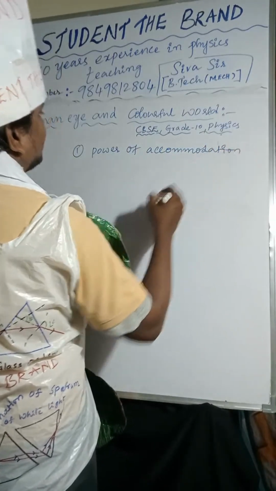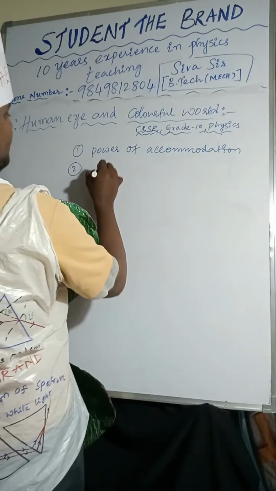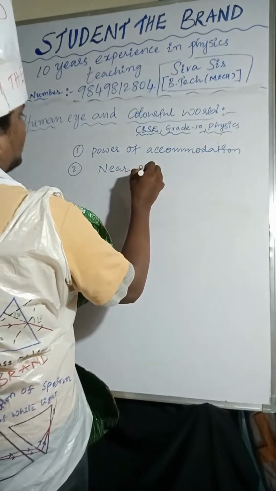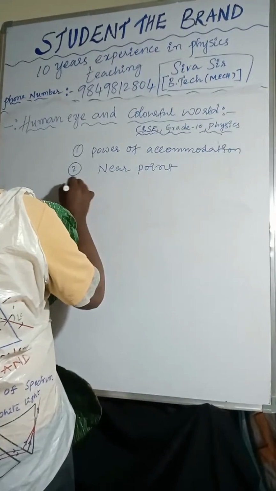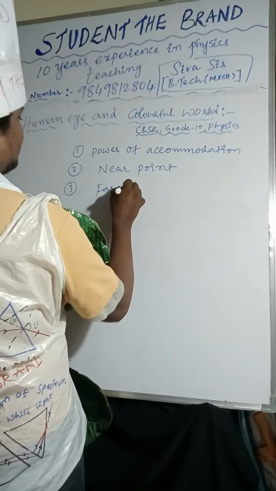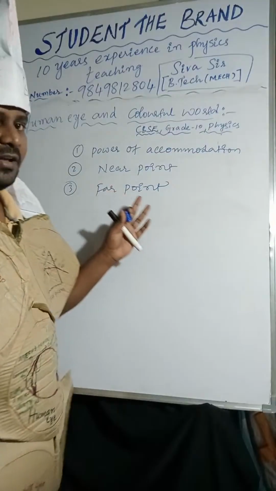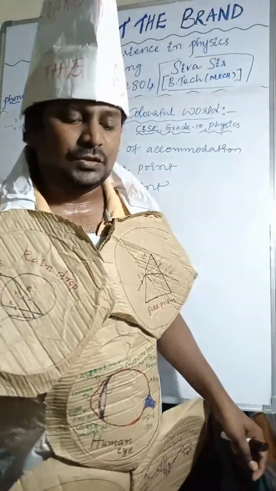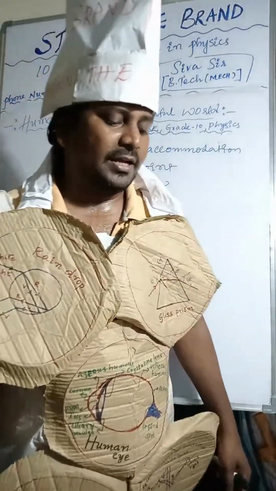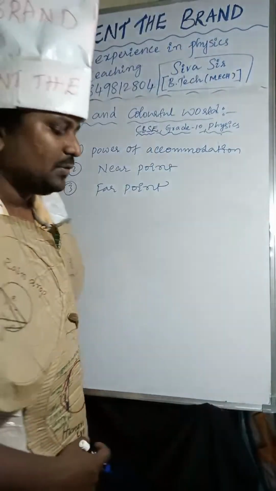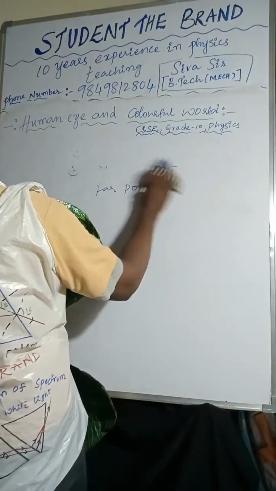Second thing, near point. Third point, far point. Power of accommodation is nothing but the ability of the eye lens to adjust its focal length to allow the light inside of it. Next one, near point and far point.